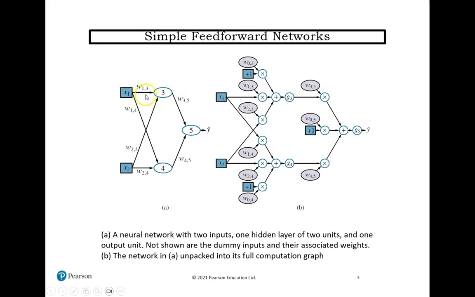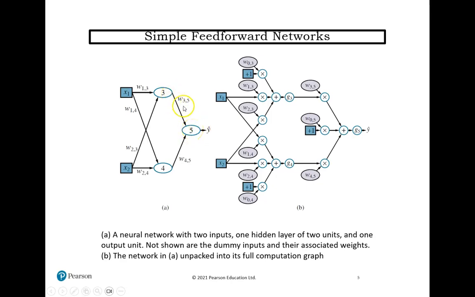One of them is from node 1, and the weight we give to this link is w1,3. Then it has another input from node 2, weighted by w2,3. We calculate the sum of the weights times x1 and x2, then apply our activation function and generate the output, which will go into node 5.